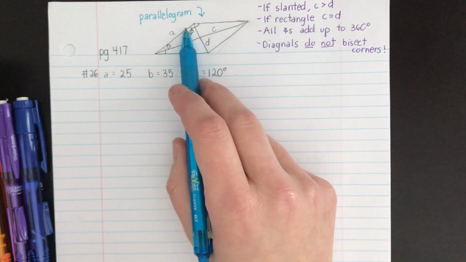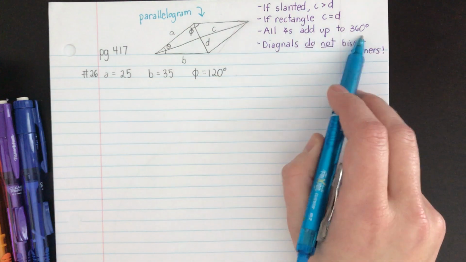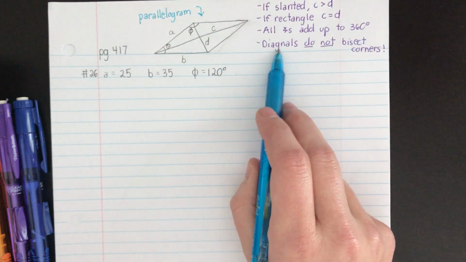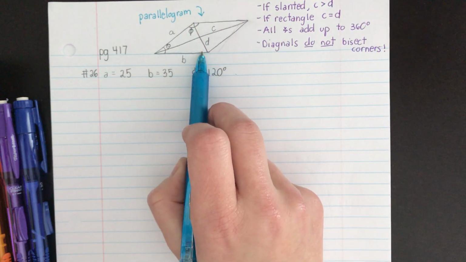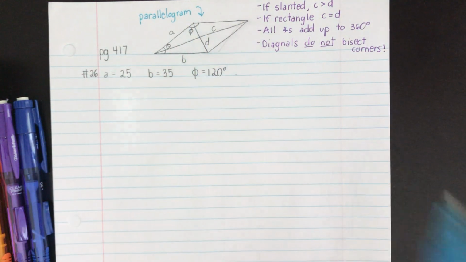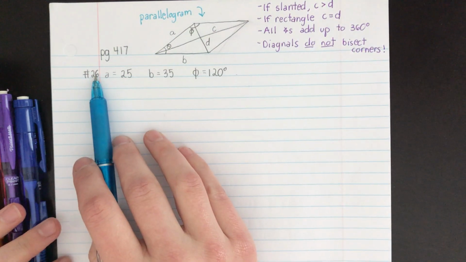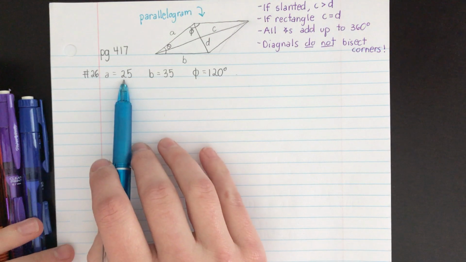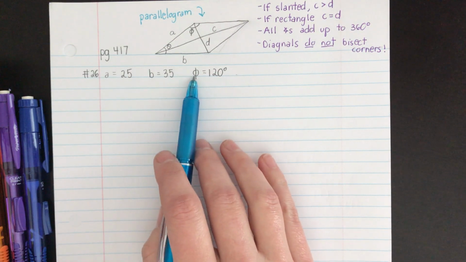All angles inside add up to 360. And the diagonals do not bisect the corners. That means this angle and this angle are not equal.